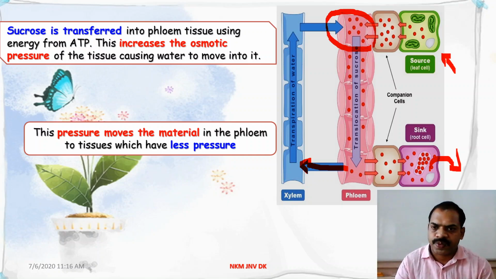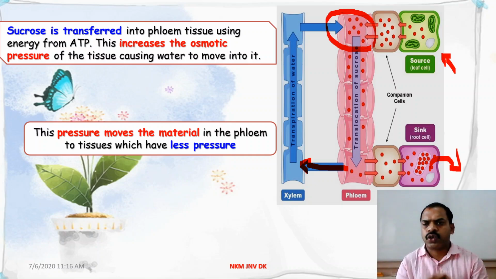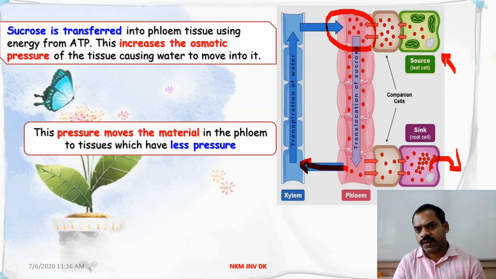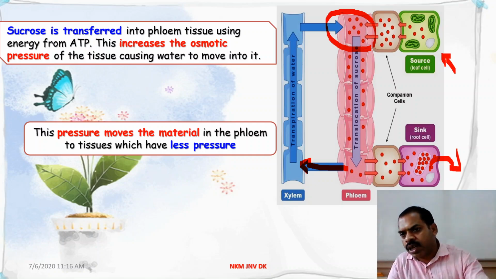Now think, the plant has stored food in the roots. And the conditions are not favorable for the growth, but it needs to survive. The food is required. So what happens to the cells where it is stored? They act as sources, and where the cell is required for growing region, bud, fruit, there it acts as a sink.